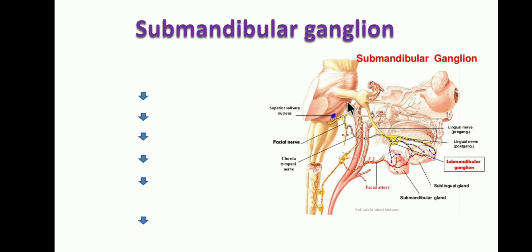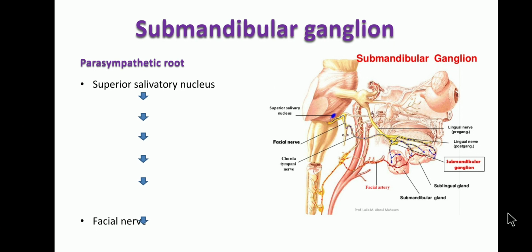The nucleus is the superior salivatory nucleus. The fibers arise from the superior salivatory nucleus and pass via the facial nerve. The branch of the facial nerve is the chorda tympani nerve.